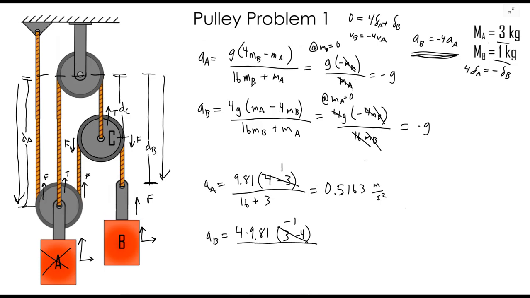And so that's the numerator. Let's go to the denominator. It's going to be 16 times MB, which is 1 again, plus MA, which is 3, just like with the last denominator.